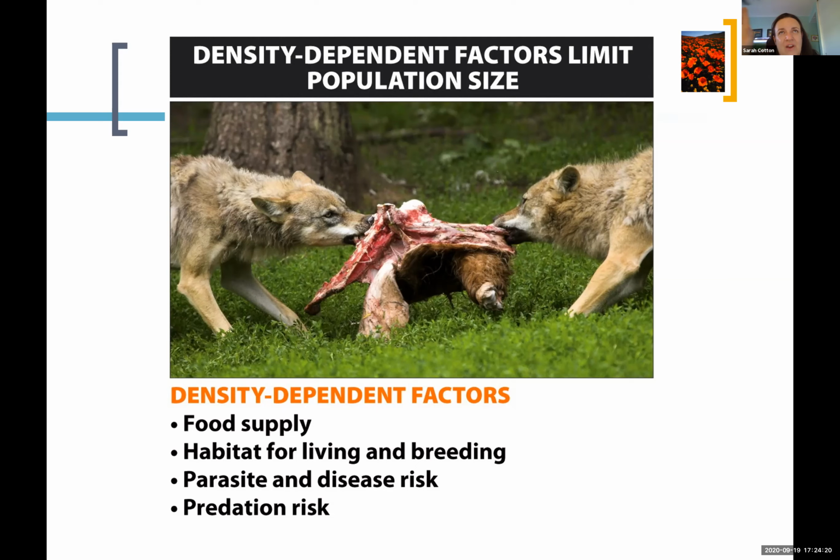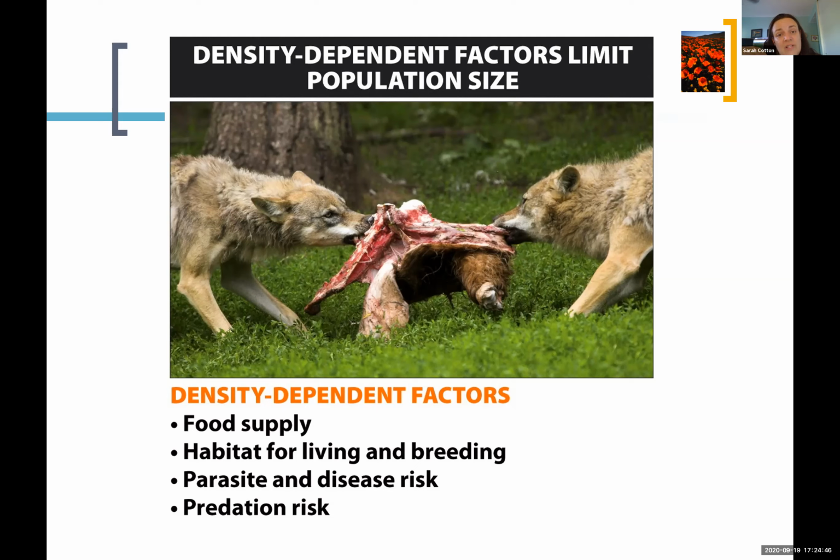And that varies in different ways, like schooling behavior in fish or other things. But those are all examples where the impact of that factor, the impact of food supply on population growth, the impact of habitat availability on population growth, depends on how dense the population is.